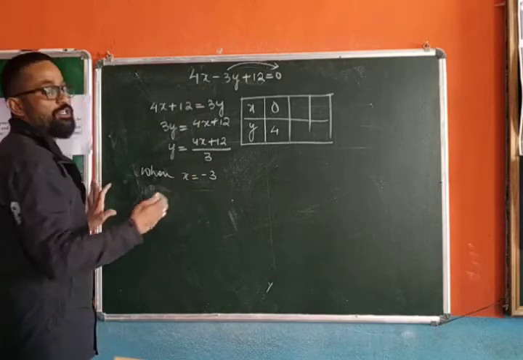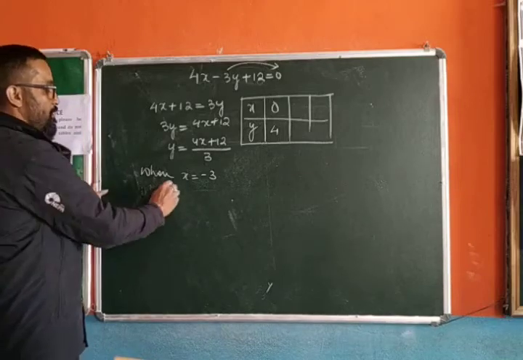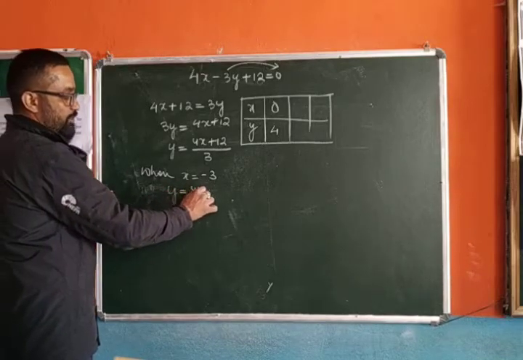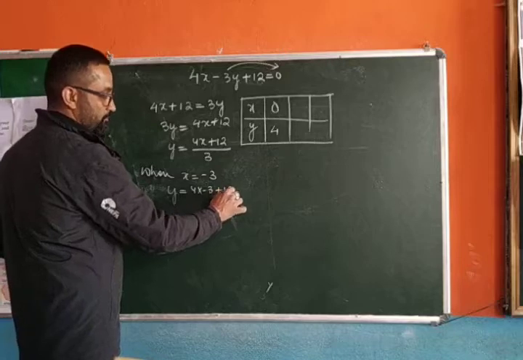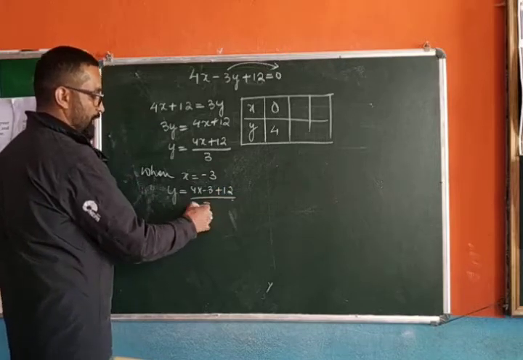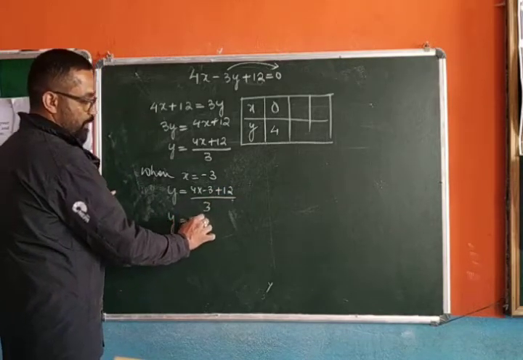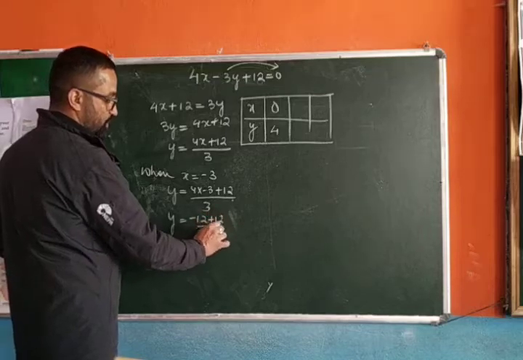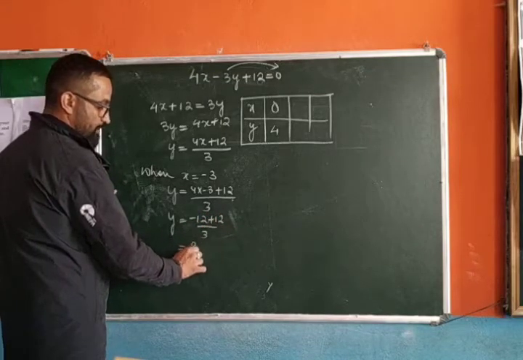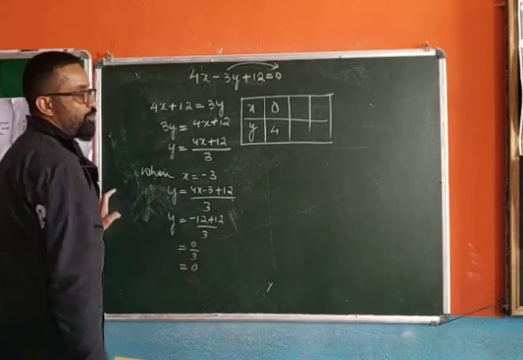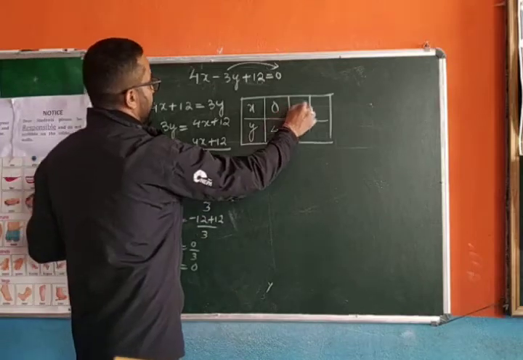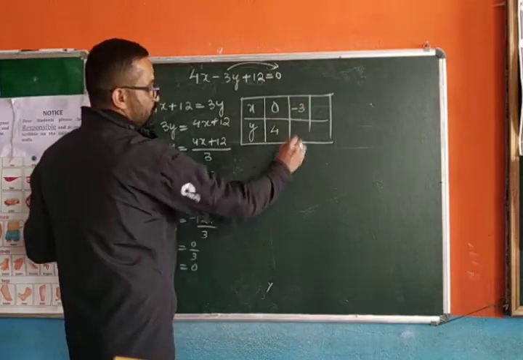Look at the calculation. y is equal to (4 into minus 3 plus 12) divided by 3. It is (minus 12 plus 12) divided by 3. 0 divided by 3 is equal to 0. So when x is taken as minus 3, y comes to 0.